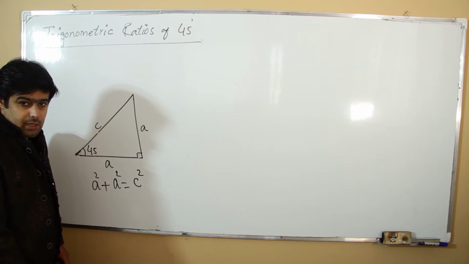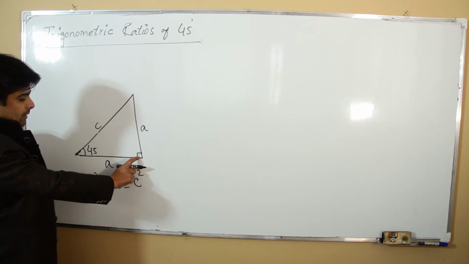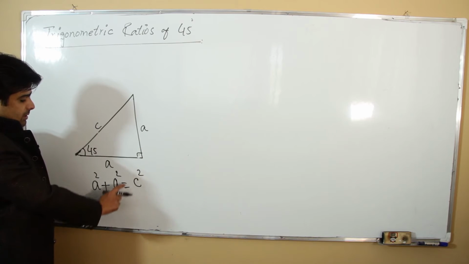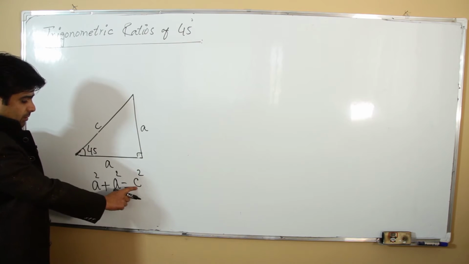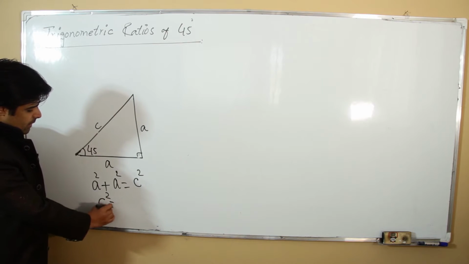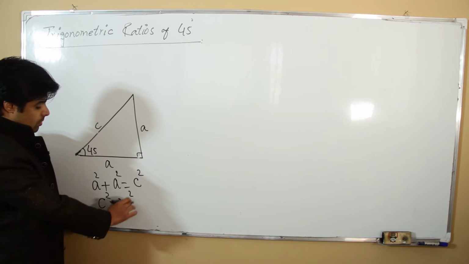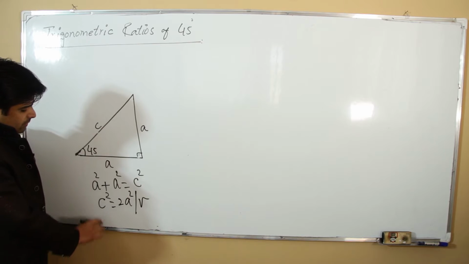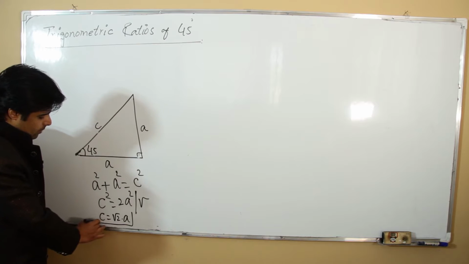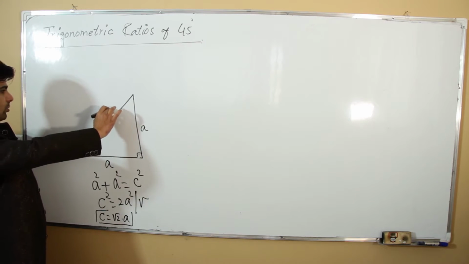According to Pythagoras theorem, the summation of the squares of these two sides of the right angle is equal to the square of the what? Of the hypotenuse. Now, C square is equal to A square plus A square, this is 2A square. Now, take the root of both sides, so C is root of 2A square. Now, C in terms of A is root 2 A.